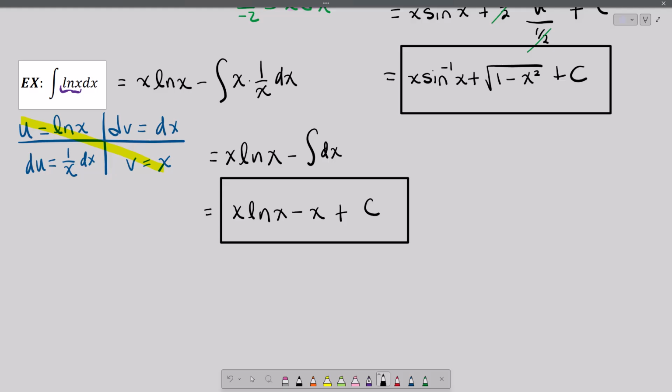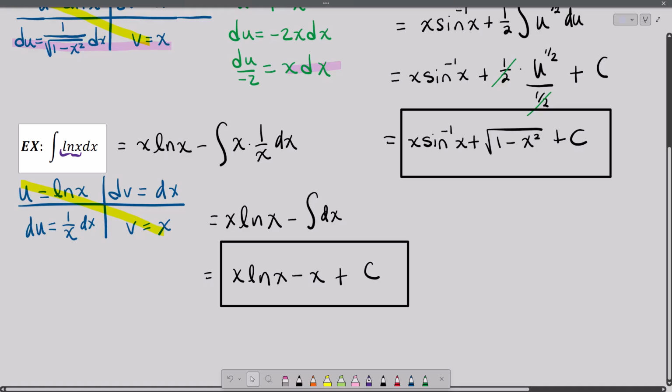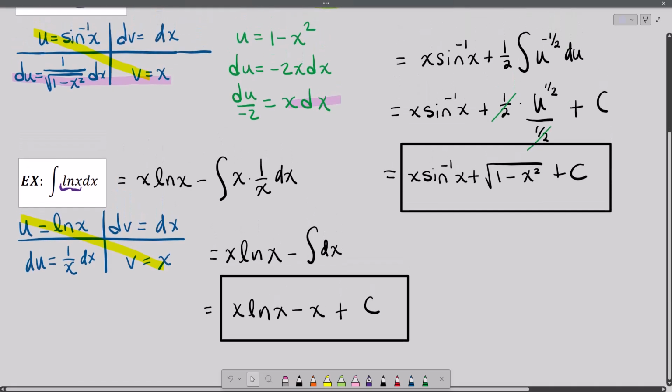That is the antiderivative for natural log of x. So differentiating that will get us back to natural log of x. Again, a good practice problem that if you do differentiate that you get the right thing. Any questions on any of the steps for either of those?